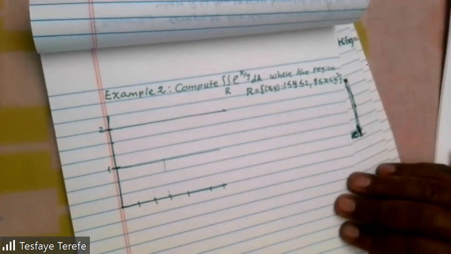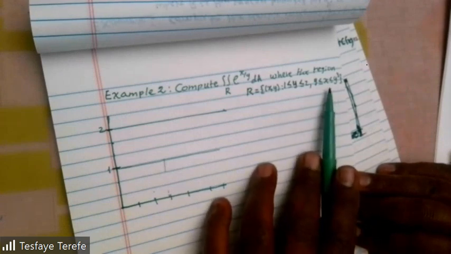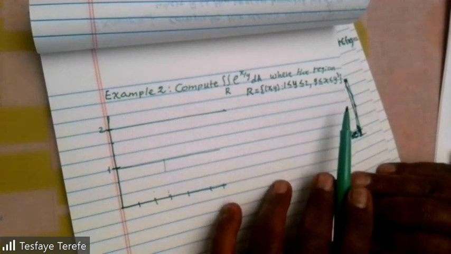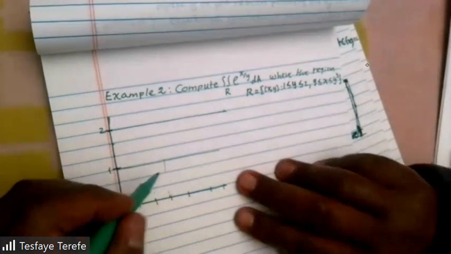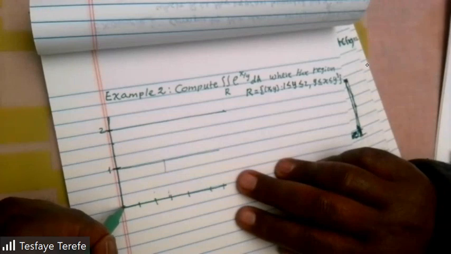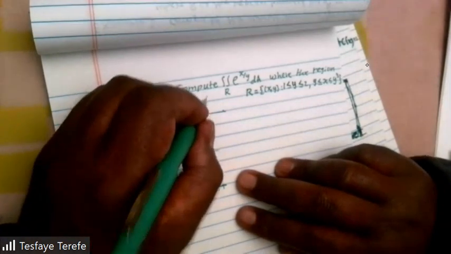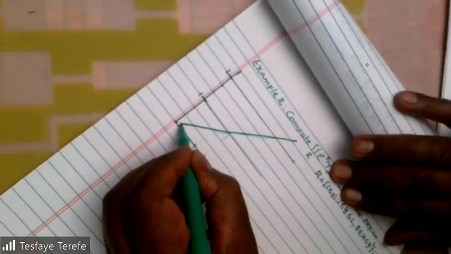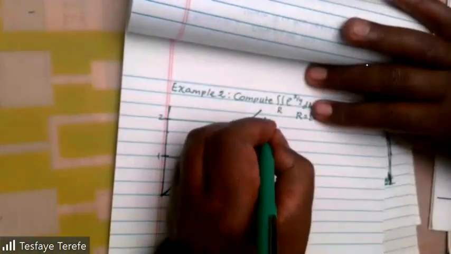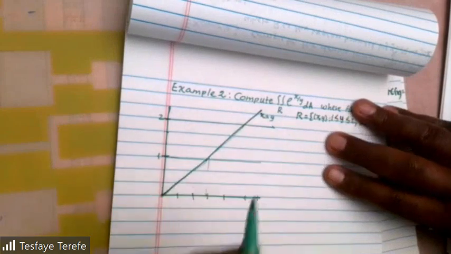And the other one is x is changing between y and y cubed. Let us draw x is equal to y. That is really a straight line. This line is x is equal to y, or y is equal to x.